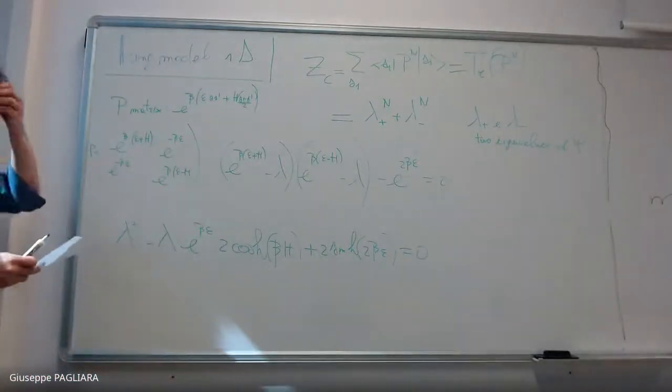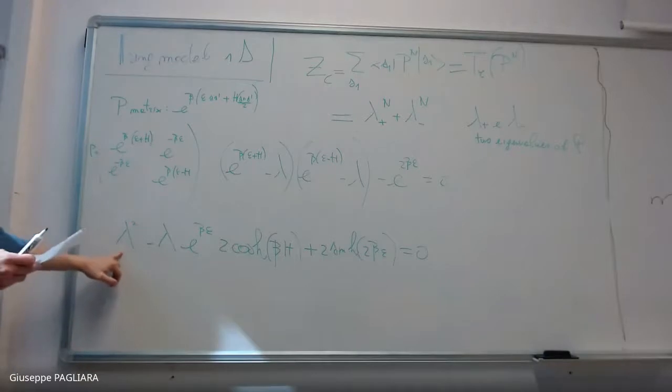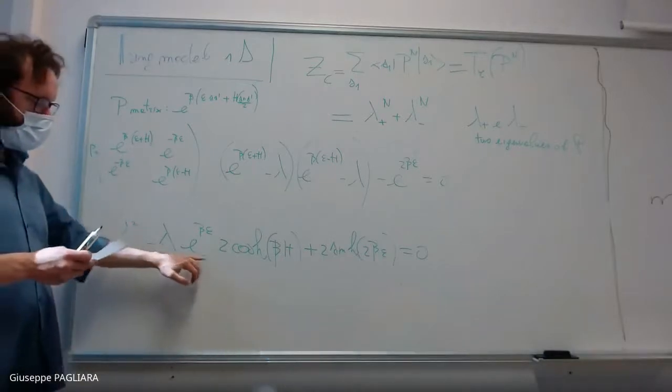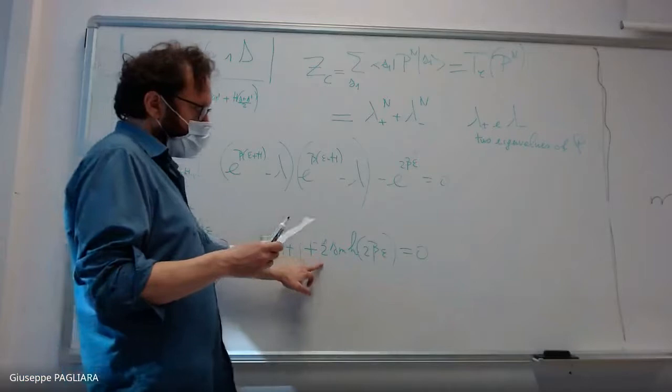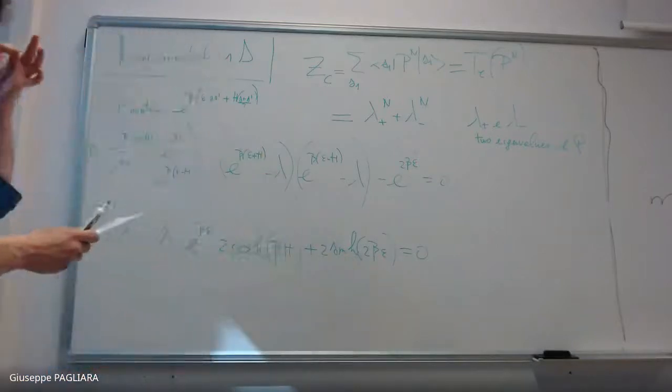One should get this expression. Let me check some of the terms: 2 hyperbolic cosine plus 2 hyperbolic sine of 2 beta epsilon.